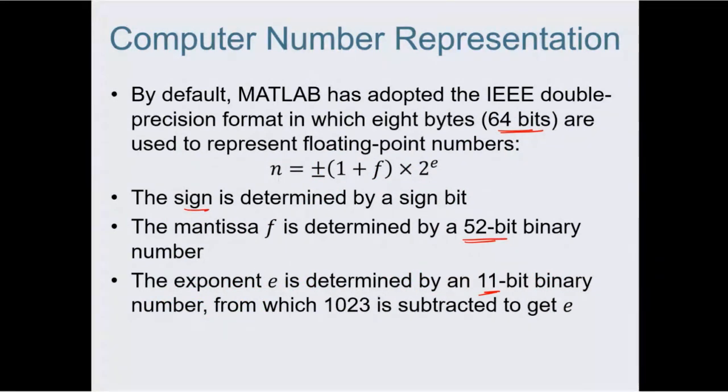So from 64, one goes for the sign, 52 go for the significand, and 11 go for the exponent.